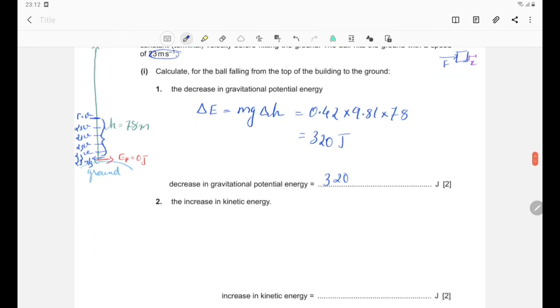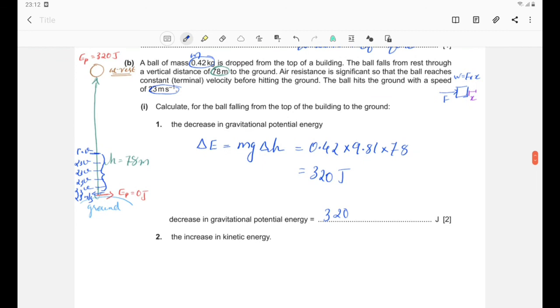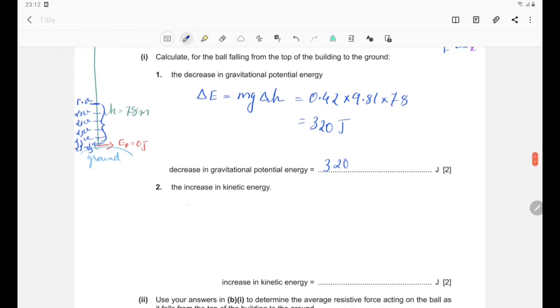Next question. You need to find the increase in kinetic energy. So here you know the ball when it reaches the ground, its velocity is given, that is 23 meter per second. So if you know the velocity and mass is also given, you can find the kinetic energy. So the kinetic energy equation, kinetic energy is equal to half mv square.